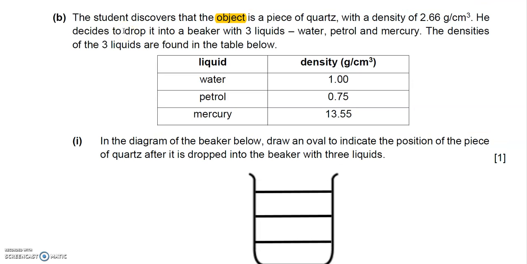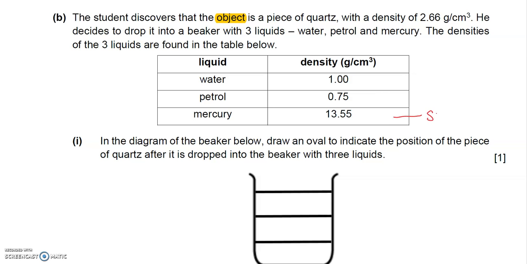So now let's return to part B. He discovers the density of the quartz, and he then decides to drop it into a beaker containing a mixture of 3 liquids: water, petrol, and mercury. The densities of the 3 liquids are given to you in the table below. Density, you would recall, has to do with floating or sinking.